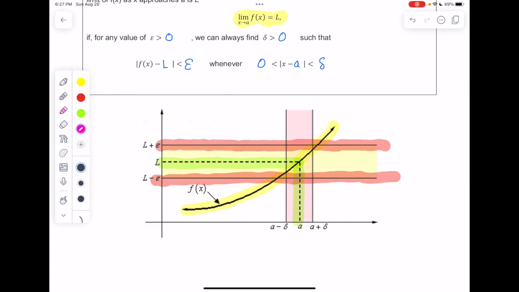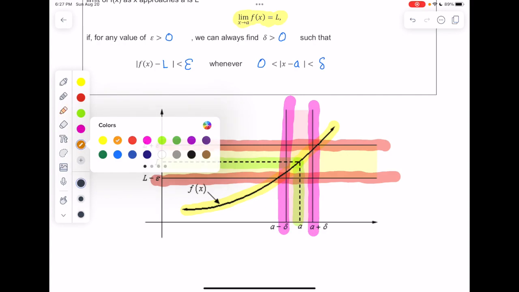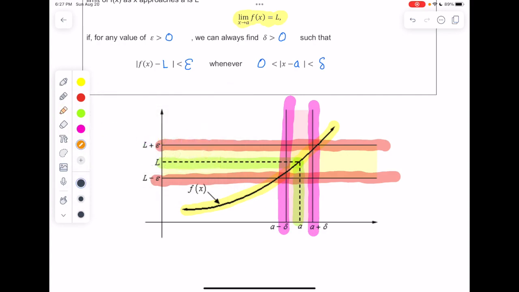Just make sure that your x gets between these two lines, and if it does, the value of the function, we'll just keep grabbing colors here, the value of the function, which is in between those two lines, purple, will always end up staying between the two lines, red.